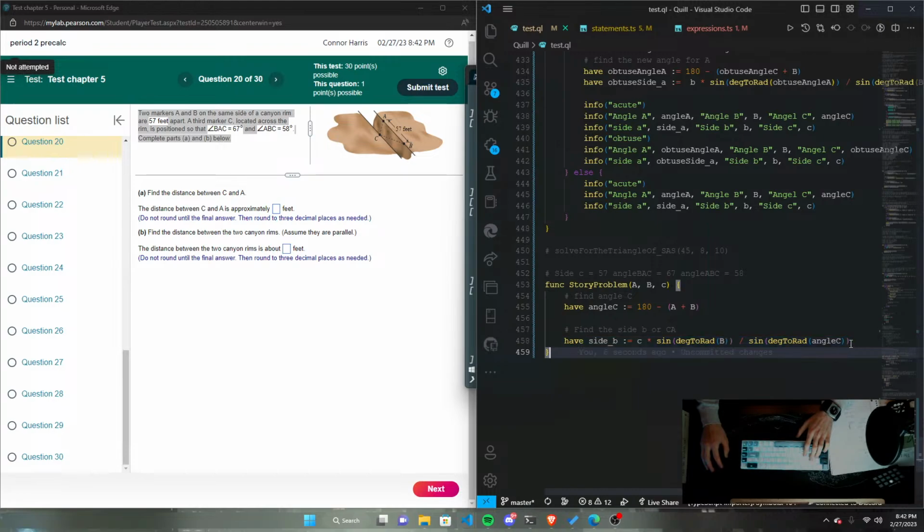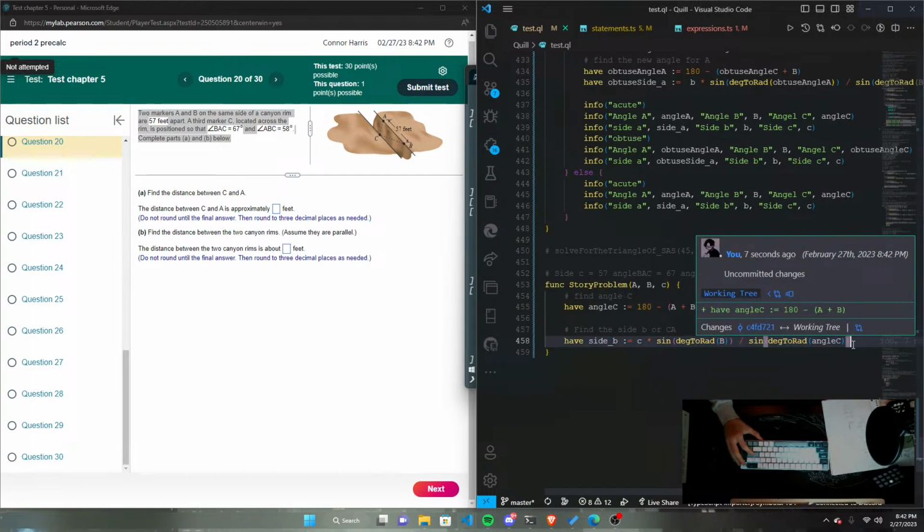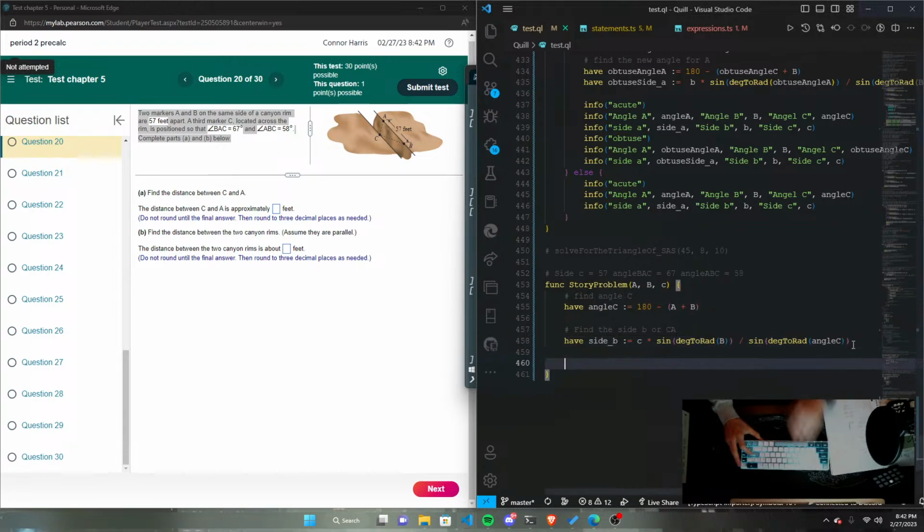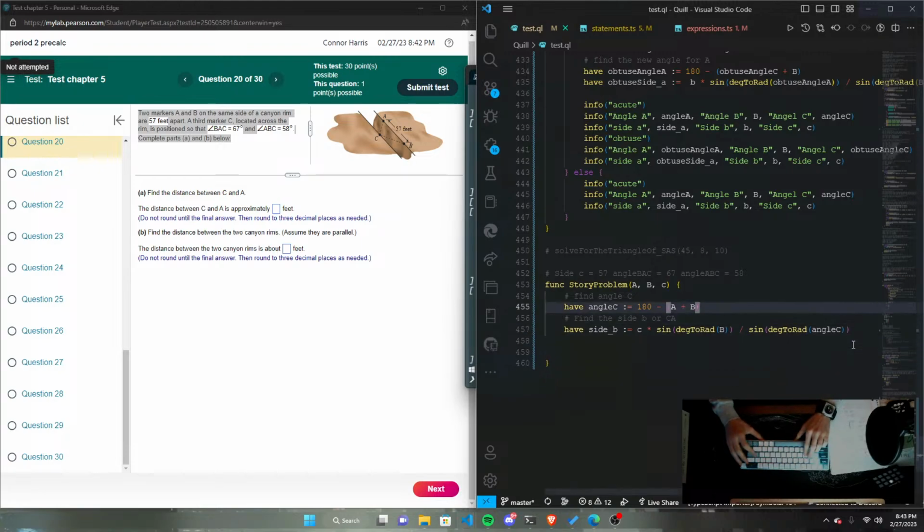Now we need to find the distance. So now we need to cut the triangle in half. So we need to reset A. How can I write this? Because we need to now find the distance between the two canyons.